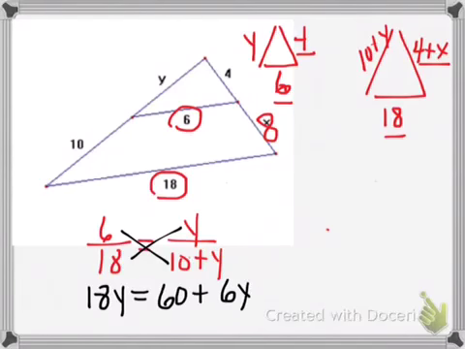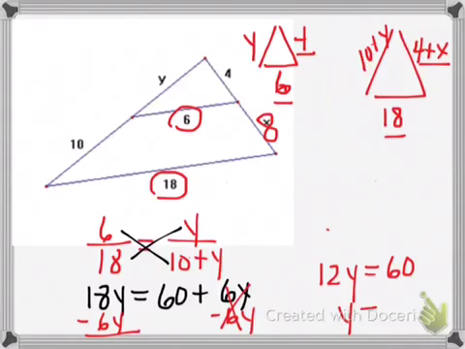And I want to get my like terms together, so since they're on different sides, I'm going to subtract them. Eliminates on the right, so that gives me 12Y equals 60. Divide both sides by 12, so Y equals 5. So there's my next answer.